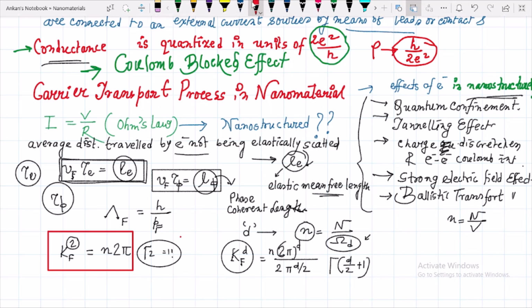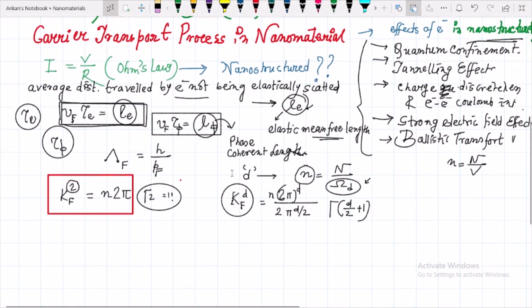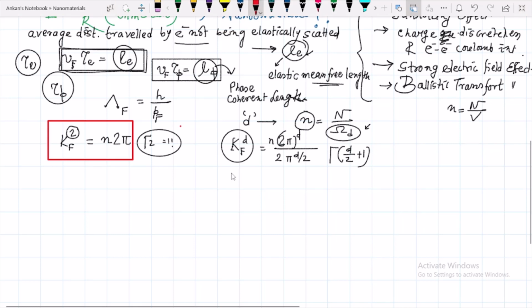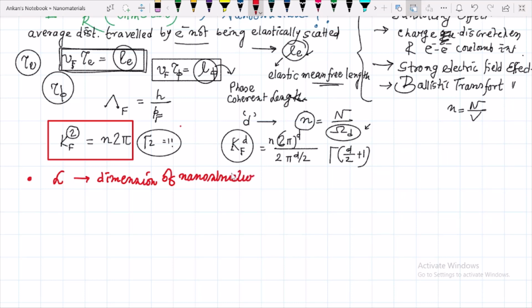That is quantum confinement, tunneling effect, ballistic transport effect, etc. So when the dimension of the nanostructured material, which we assume to be L, is less than or equal to L_E, what is L_E? The elastic mean free length.